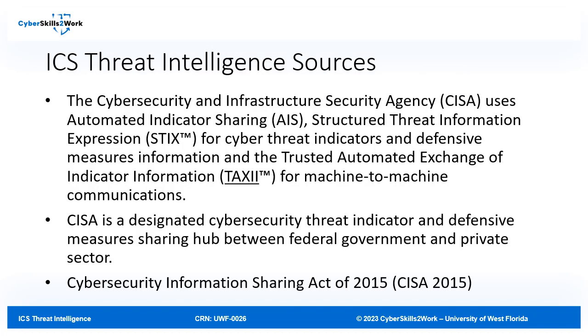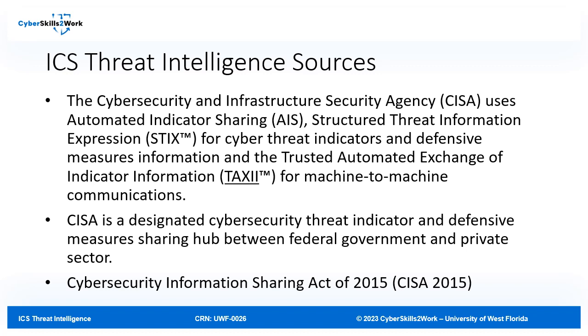Using standards allows threat activity context such as tactics, techniques, and procedures, vulnerabilities, and courses of action to be shared through a communications protocol to and from participants. Automated Indicator Sharing, or AIS, is a service the Cybersecurity and Infrastructure Security Agency, CISA, provides to enable real-time exchange of machine-readable cyber threat indicators and defensive measures between public and private sector organizations.